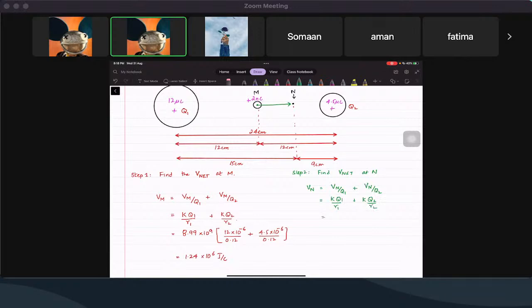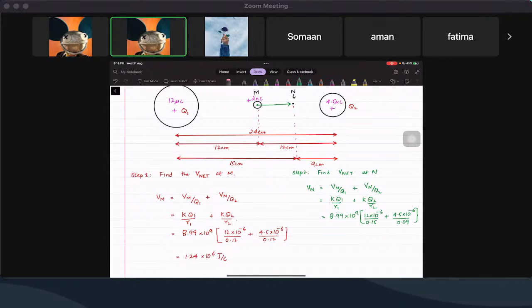Take K outside, so 8.99 times 10 raised to 9, and then let's make the equation. Q1 was 12 times 10 raised to minus 6 divided by, the distance was 0.15 till the null point, plus the other one was 4.5 times 10 raised to minus 6 divided by 0.09. Any questions? 0.09 because I converted 9 centimeters to meters.